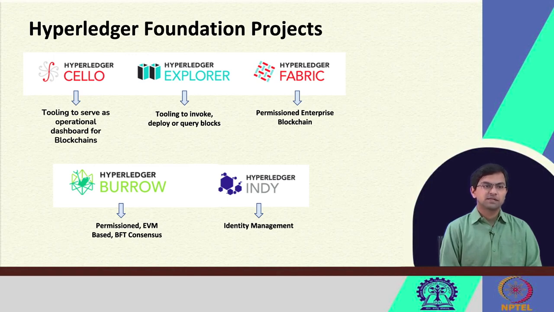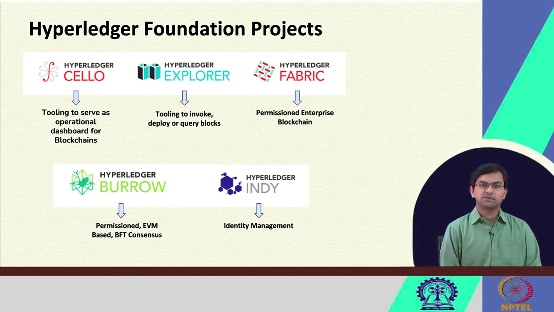Apart from these tools, there is Hyperledger Fabric, Burrow and Indy. These are actually distributed ledger platforms in themselves. Fabric is catered toward enterprise blockchain networks, whereas Burrow has a specific design. We studied that in Ethereum. Ethereum uses a virtual machine for executing smart contracts, which is called Ethereum Virtual Machine.